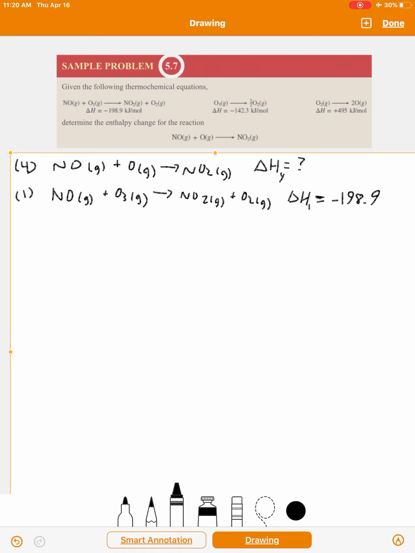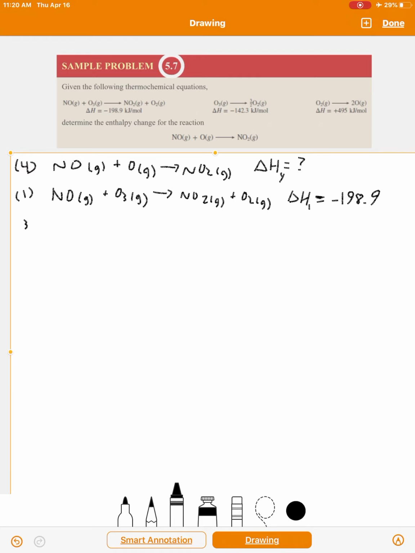It's the third one on the right. O2 gas turns into 2O gas. However, it's on the opposite side. It's a product in equation 3, but it's a reactant in equation 4. That tells me I have to reverse equation 3 to make it on the left side. We want it on the left side in equation 4.